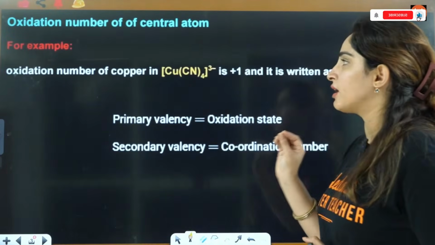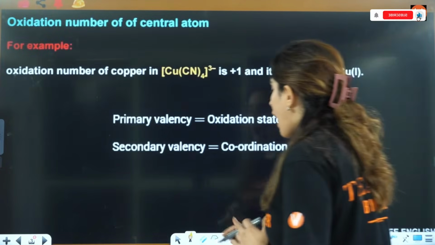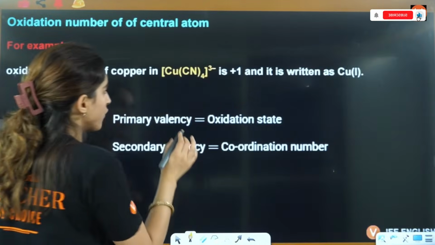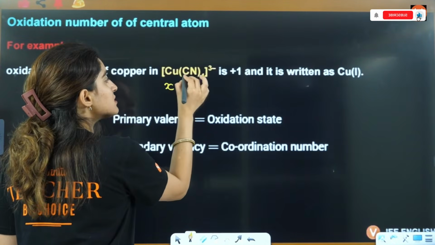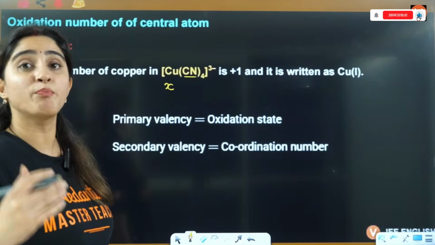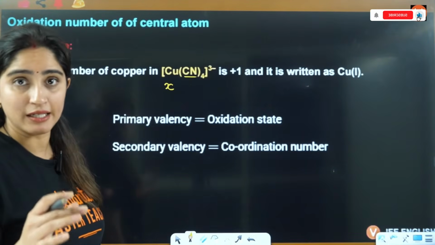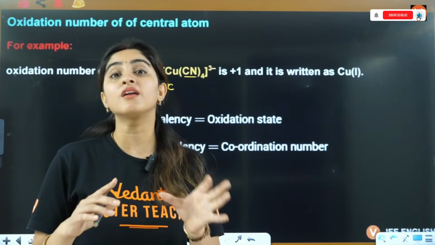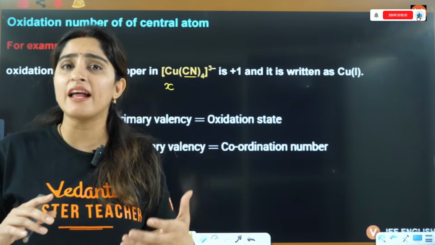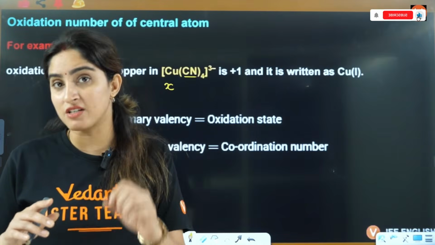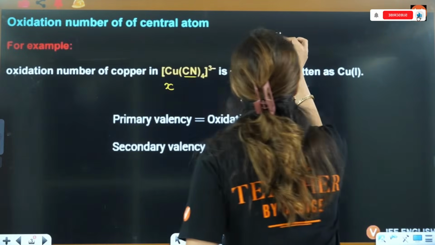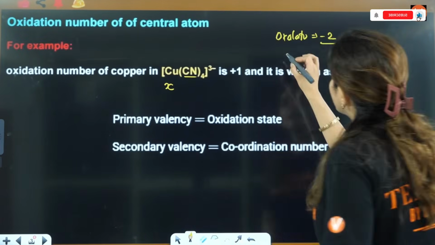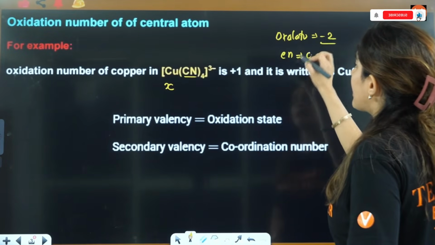The next important term is oxidation number. How are you going to answer it? For example, you have this compound with metal X. You should know which ligand is positive, which is negative, and which is neutral. Ammonia and water are neutral ligands. CN and Cl are negative ligands with -1 charge. Oxalato has -2 charge. Ethylene diamine has 0 charge.